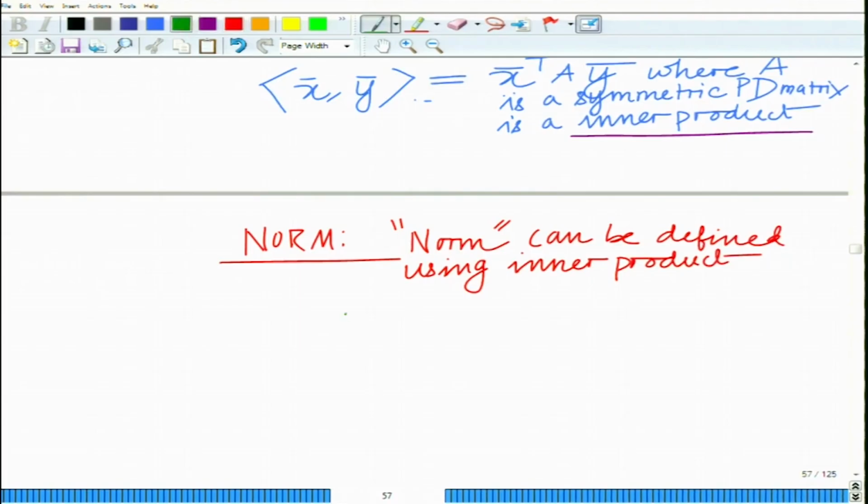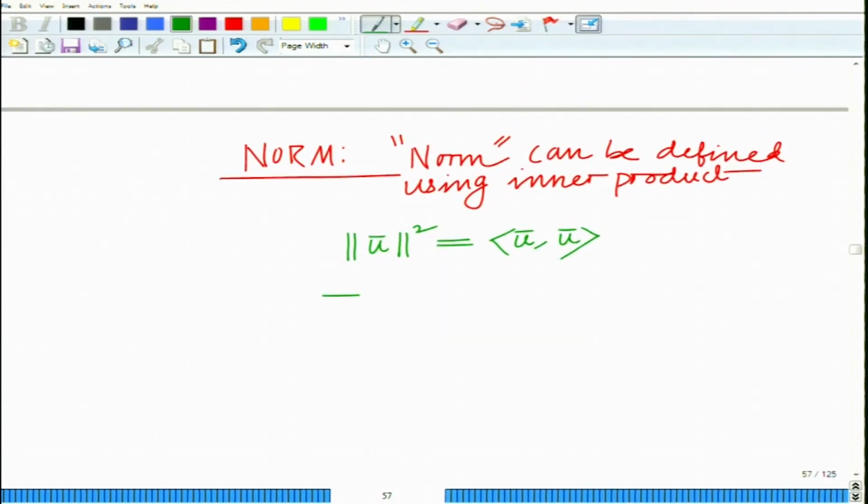We have norm of u bar square equal to the inner product of u bar with itself, which means basically the norm of a vector u bar is equal to square root of the inner product of u bar with itself.